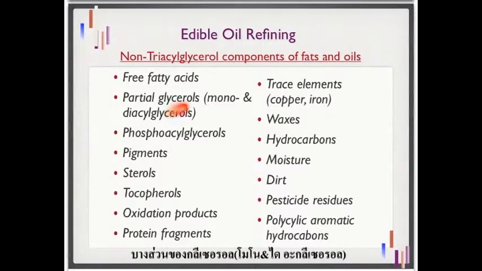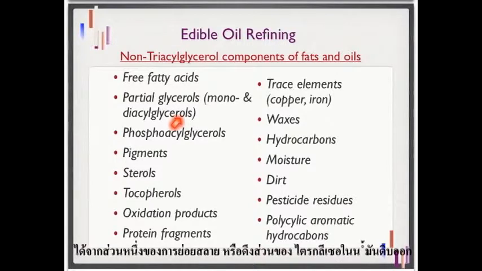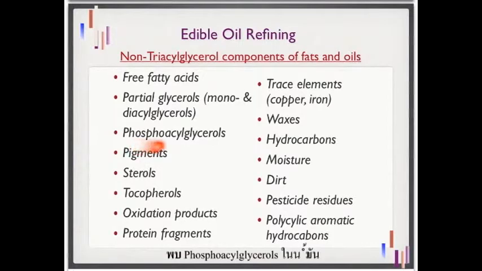And we have partial glycerols, mono and diglycerols, which are the results of partial hydrolysis of the triglycerides in the crude oil. Then we have phosphoacylglycerol or phosphatides. This is what we call gums in the oil, which give a viscous property to the crude oil.